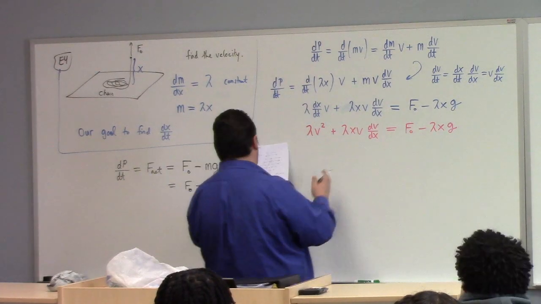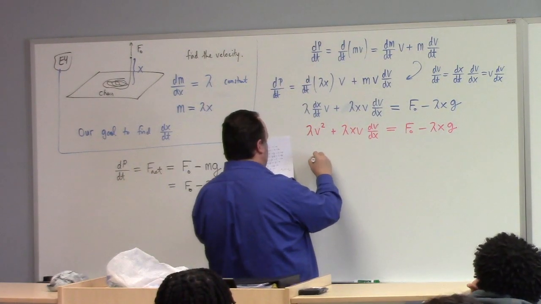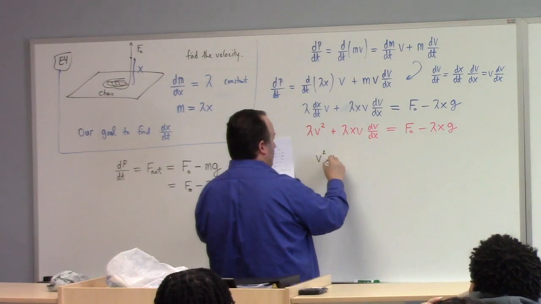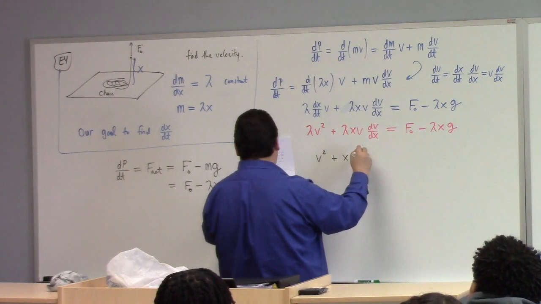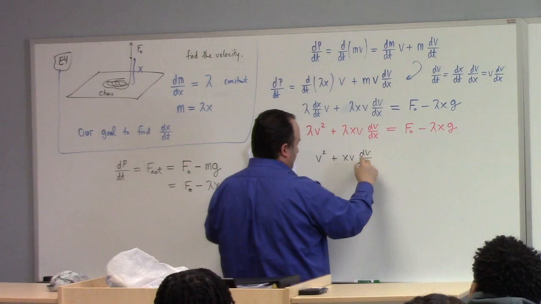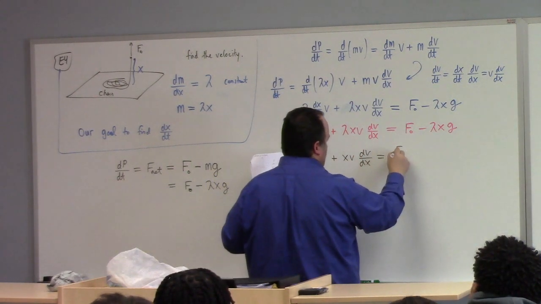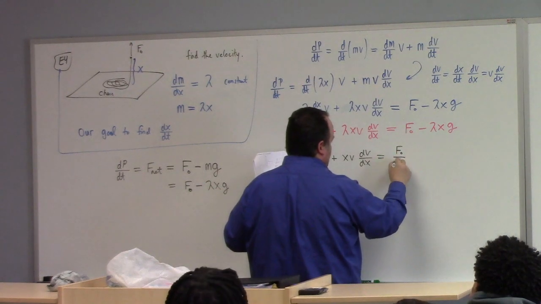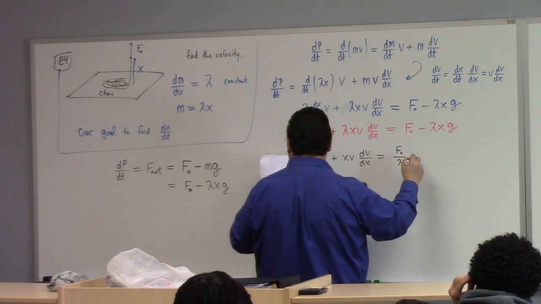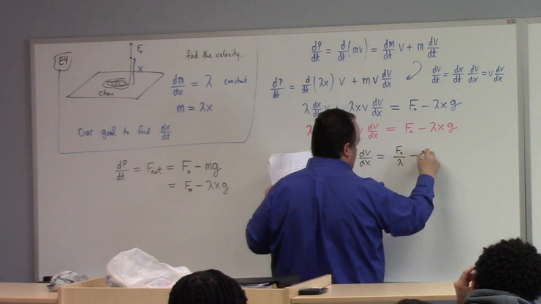So we get v squared plus xv dv/dx equals f naught over lambda minus gx, or minus xg if you like.